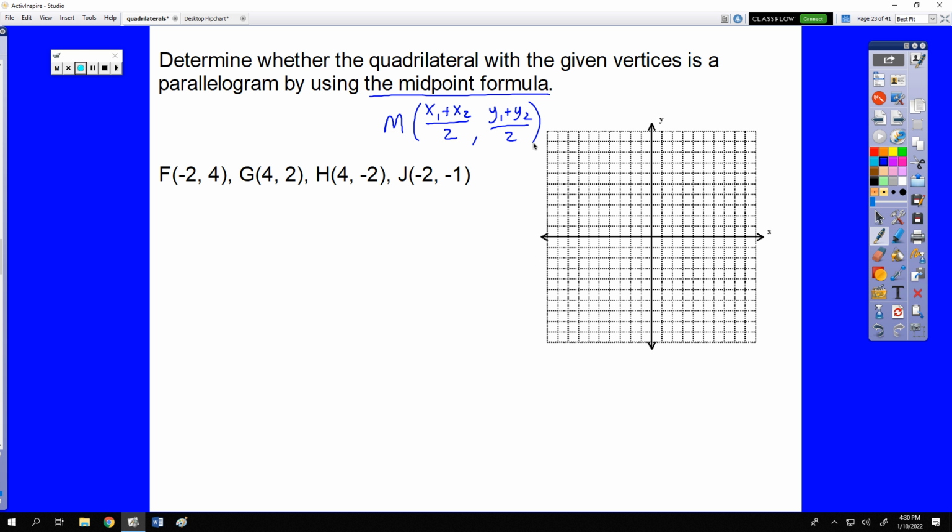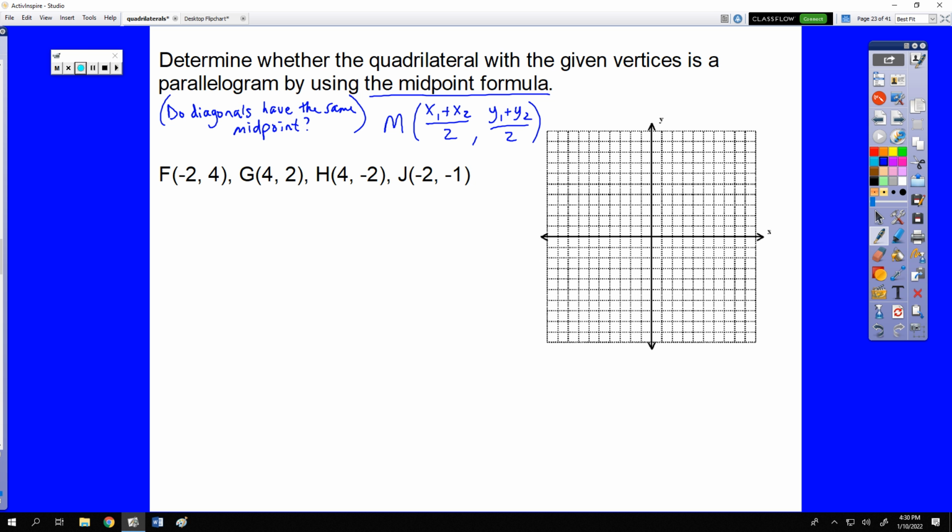So what we're doing here is we're checking the diagonals. Okay, what we're really doing is we're checking to see, do the diagonals have the same midpoint? Because if they do, then they bisect each other. And if they don't, then they do not bisect each other.